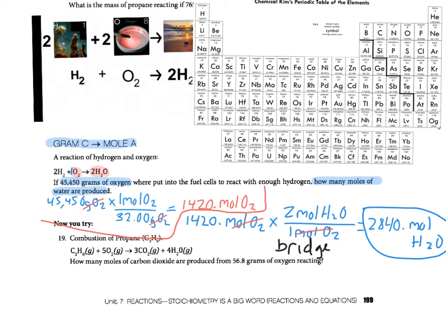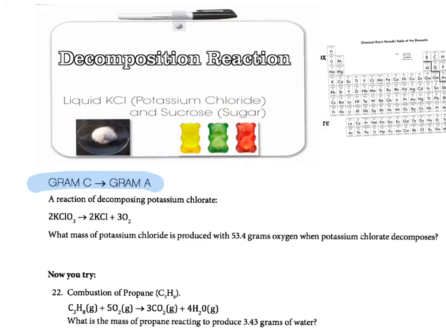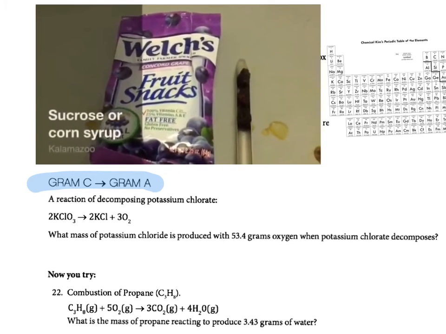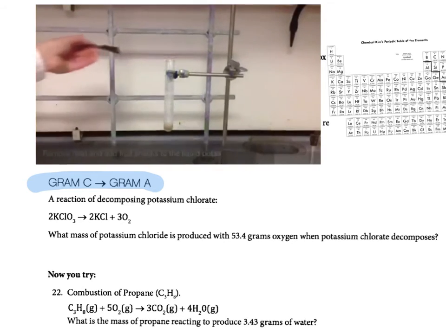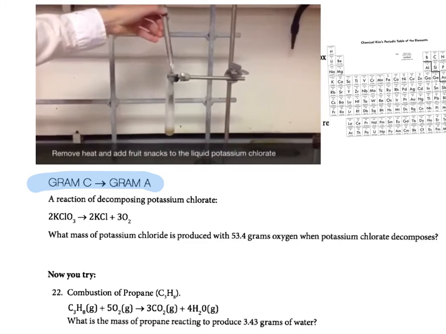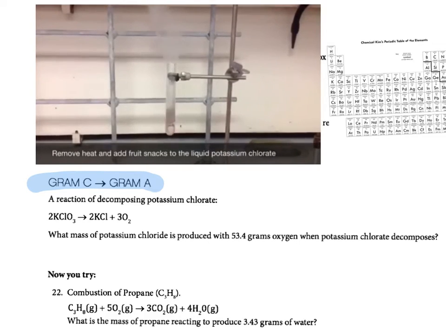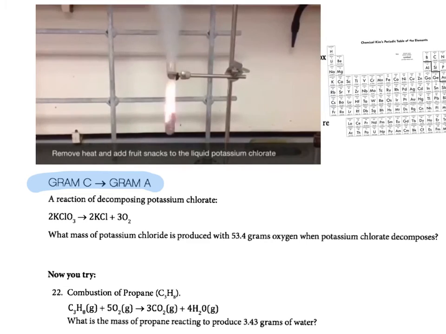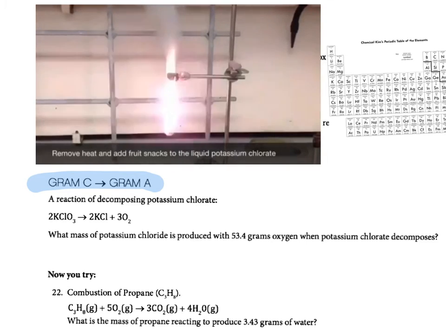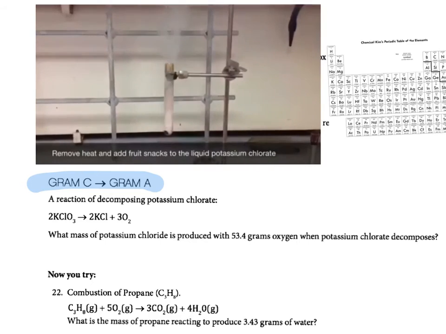Okay, in this last calculation, the last type of stoichiometry calculation, I'm going to show you how to go from a given gram quantity C, find a gram quantity of A. And the reaction that is in the video that I'm showing that I actually did is quite interesting, because what I have in the test tube is potassium chlorate that's decomposing into potassium chloride and oxygen.